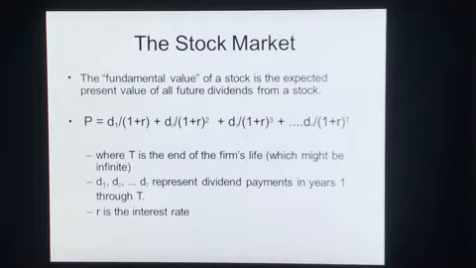This is how we can calculate the price of a stock: by discounting all future dividends at the given interest rate. It gives us the fundamental value, or the present value, of this particular stock.